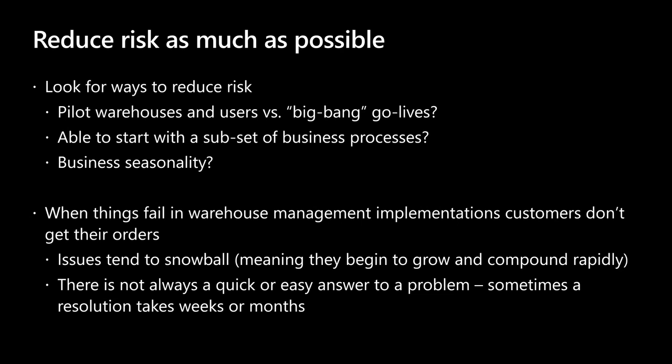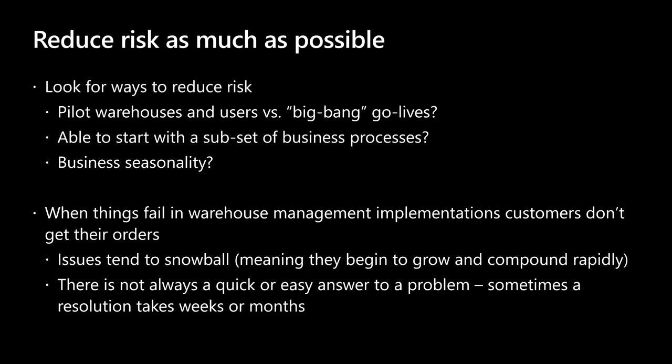I'm going to run through a set of additional considerations that we need to take into play for those types of large, complex implementations of the warehouse management module. First thing, from a FastTrack perspective, one of the first things we look at is the risk of a project, right? How risky is this project, and are there ways that we can help reduce risk?